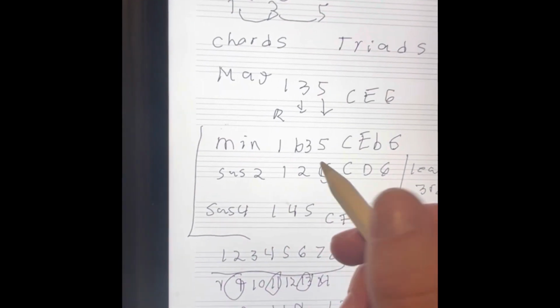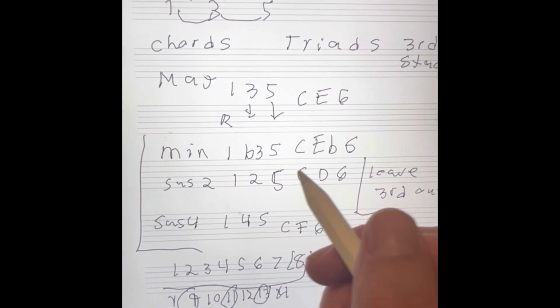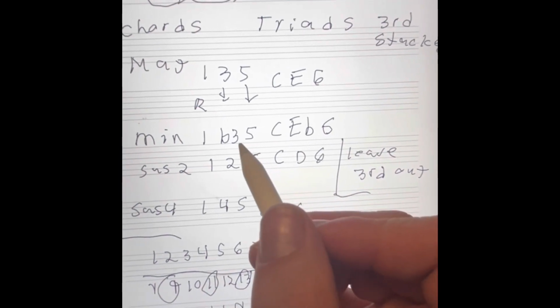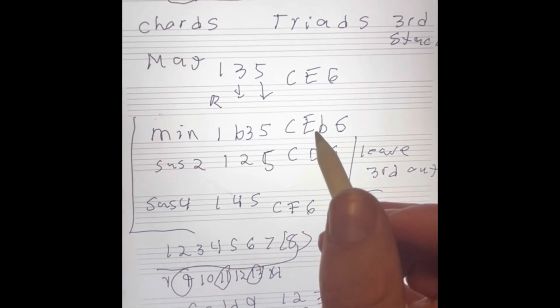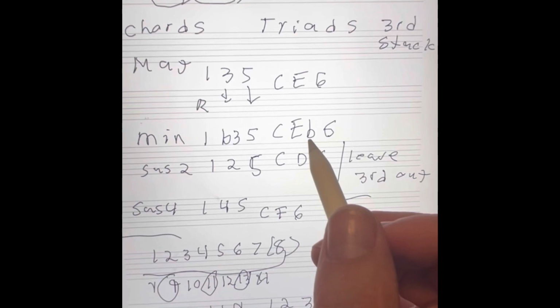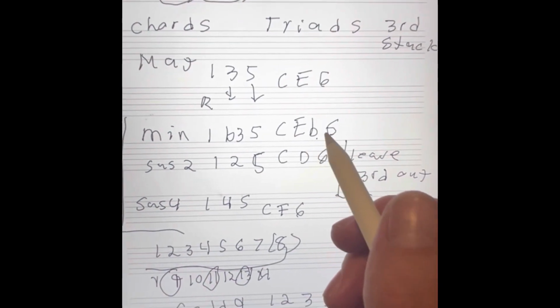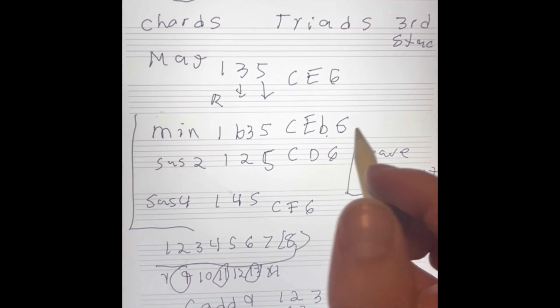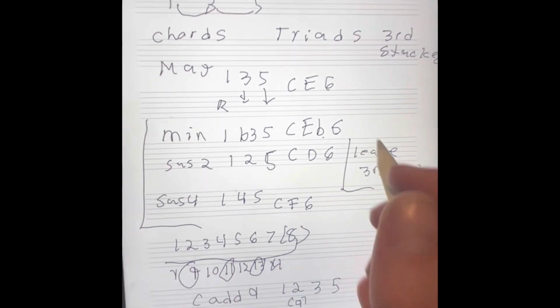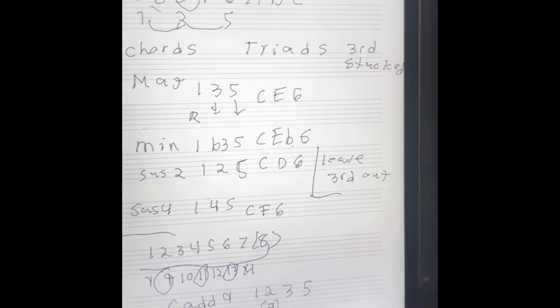Now, if you were to make it minor, it's 1, flat 3, 5. So the flat 3 means you would lower your E here to an E flat. And then it's G, so C, E flat, G, which will give you a darker tone.